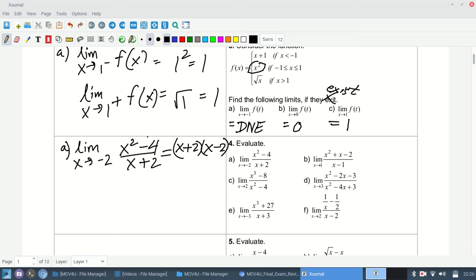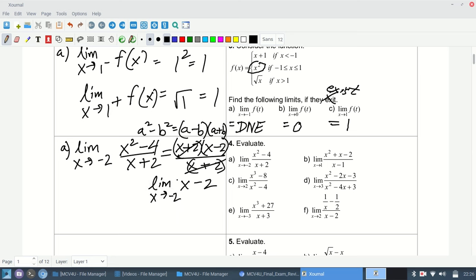So that's the classic, a squared minus b squared equals a minus b times a plus b. Okay, classic. So I use that here, and notice now we've got a whole factor that can just go away. And we've got x minus 2, right? And I don't want to forget my limit, as x approaches -2.